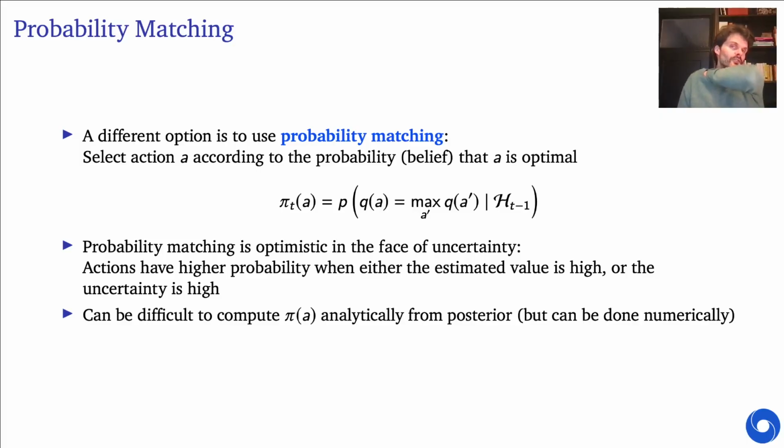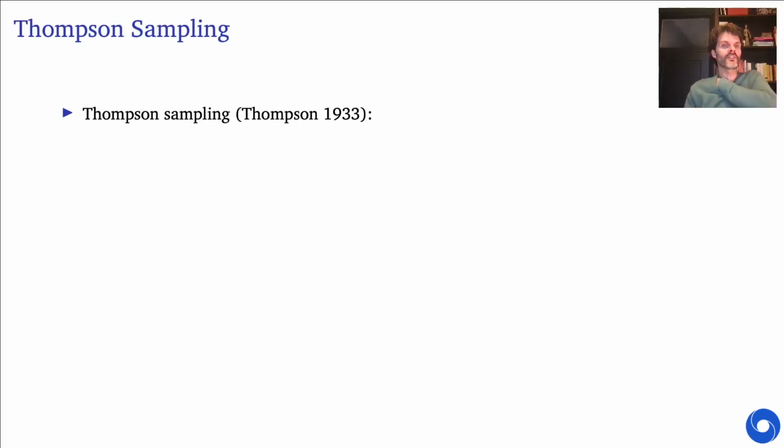But it turns out there's also an easier approach, which is called Thompson sampling, and this is in fact perhaps the oldest of bandit algorithms. It's already from the 1930s, and it's named after the inventor of the algorithm. And the idea is quite simple. So we're still going to keep track of these posterior distributions. So we're going to update these via Bayes' rule, for instance. And then the idea is to first sample from each of these belief distributions an actual action value.